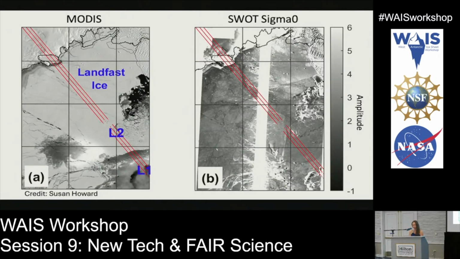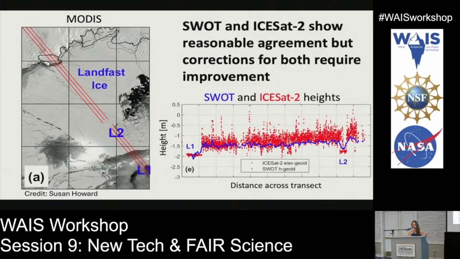This is a MODIS image on the left, looking at the Cook Ice Shelf. It is showing landfast sea ice, and L1 and L2 represent leads, and there are some ICESat-2 tracks over the top. On the right is SWOT Sigma Naught, the amplitude image that comes out of SWOT, and you can see a lot of the features in the sea ice, even in this low resolution data. What's really interesting is we've also been comparing the surface heights to ICESat-2 heights, and we find really good agreement between the two.